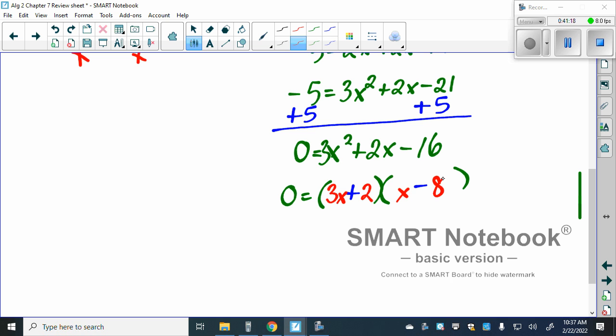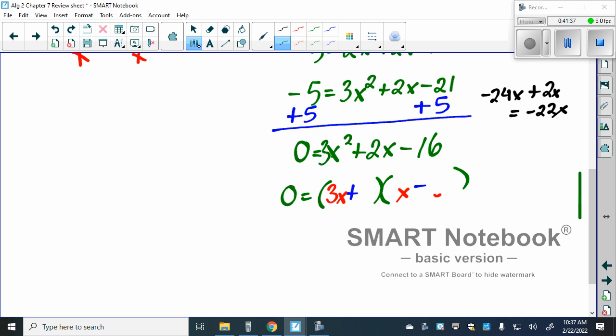And we'll check this here. 3x times negative 8 is negative 24x. Plus 2 times x is 2x, which gives us a negative 22x. Okay. We'll switch 8 and 2.